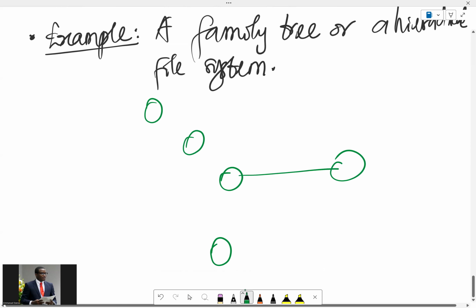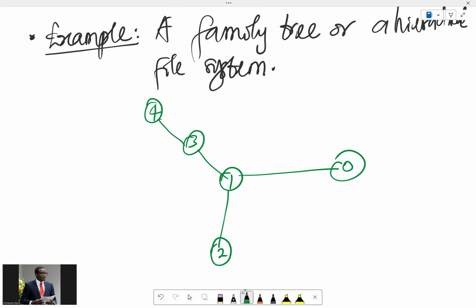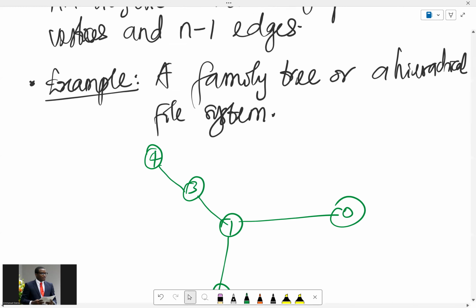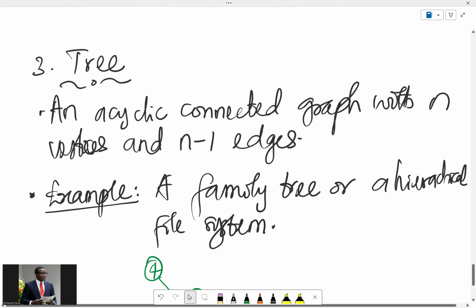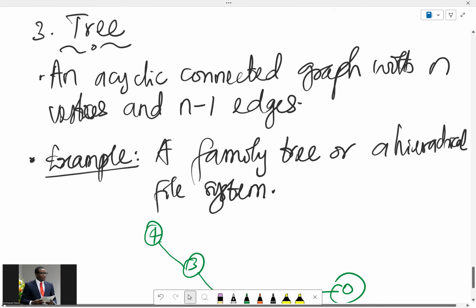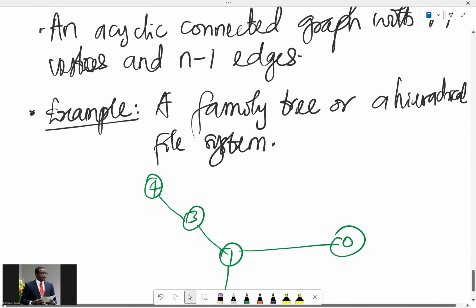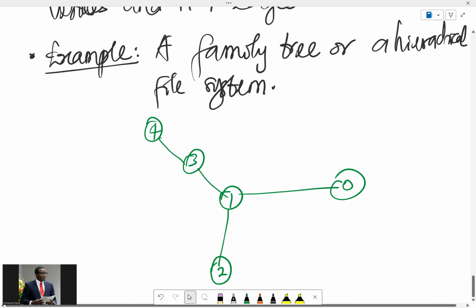So this is connected to this is connected to this. So this is one, this is 0, 1, 2, and this is 3, 4. Okay. So this is actually a tree graph. It's an acyclical connected graph with n vertices and n minus one edges. So you have five vertices and four edges, right?